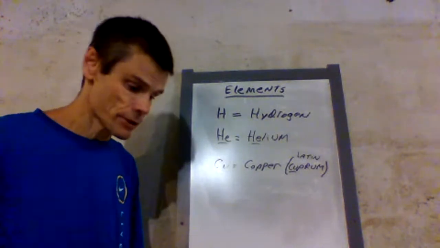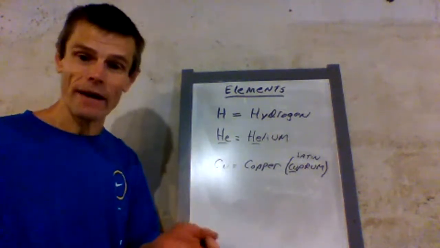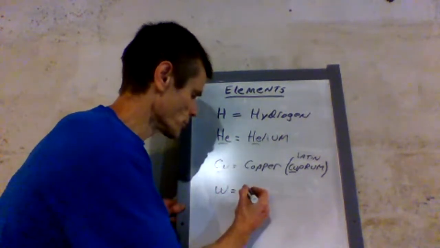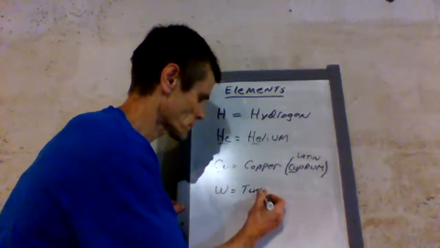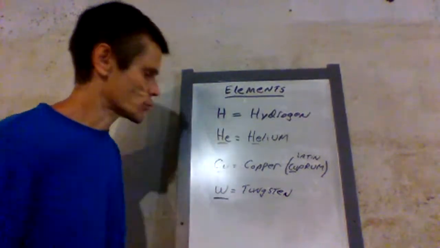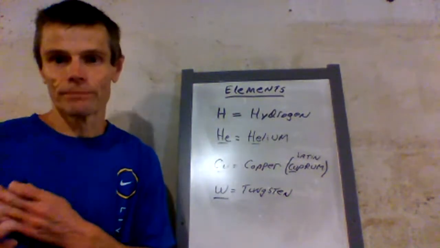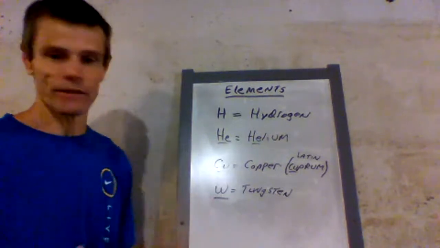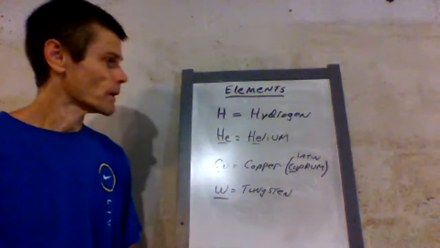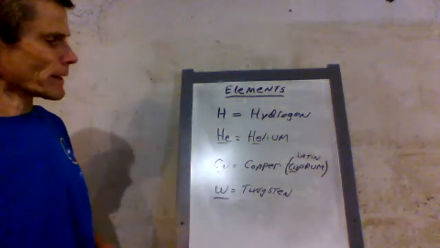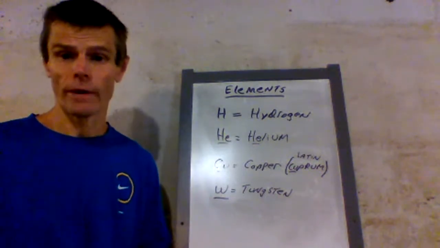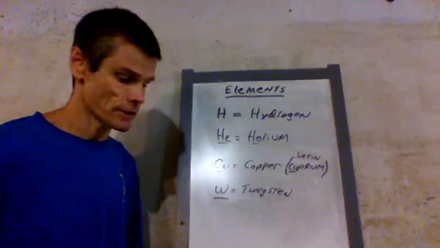Gold is Au, silver is Ag. Another one that we have that isn't Latin, W is for tungsten. W is Germanic, and I have on the PowerPoint a little discussion on tungsten, how the origin of the W is from wolfram. It's Germanic. So a lot of our elements are easy to recognize. Some of them have Latin, and still others may have other foreign abbreviations, such as tungsten. It's Germanic.